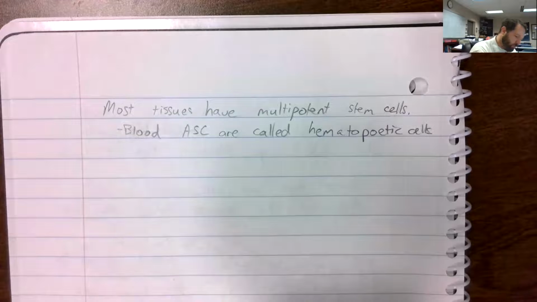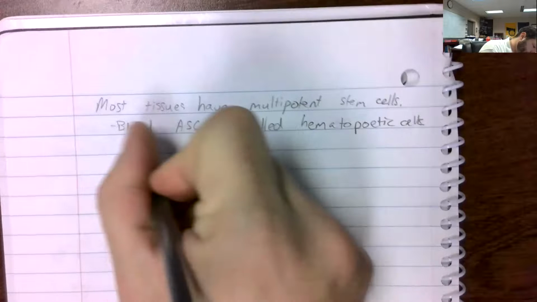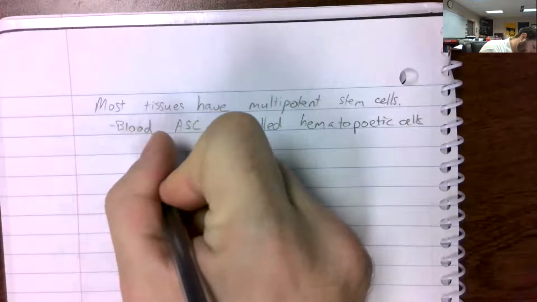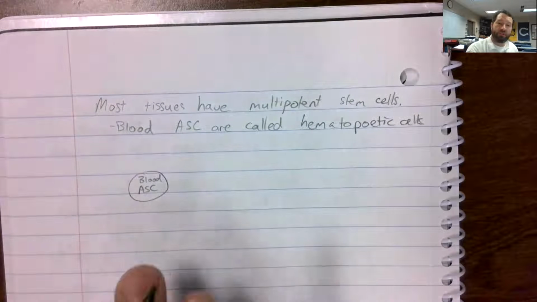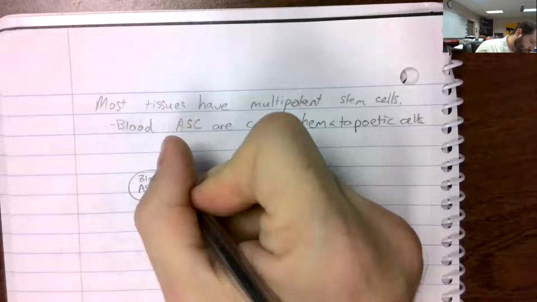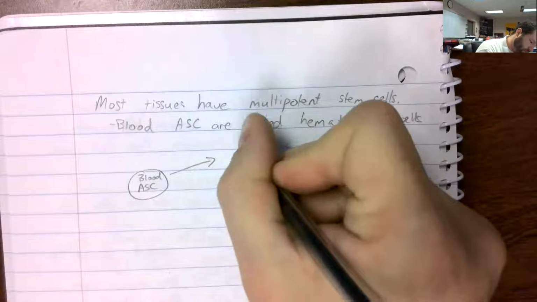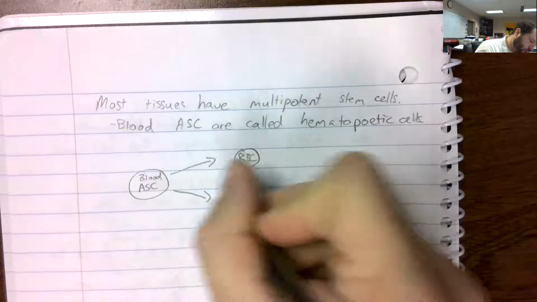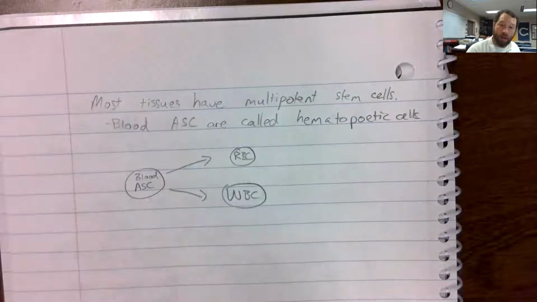And this is pretty cool. Blood stem cells can become any type of blood. So I know you guys know that we have red blood cells, which are different than white blood cells. Well, these hematopoietic cells can become either.